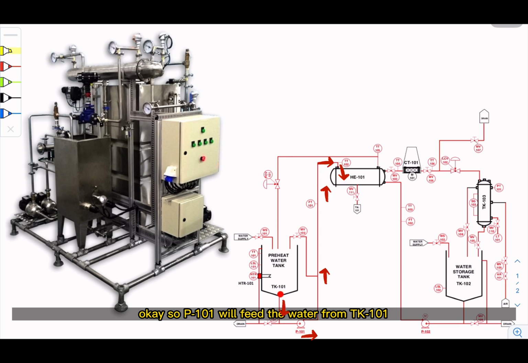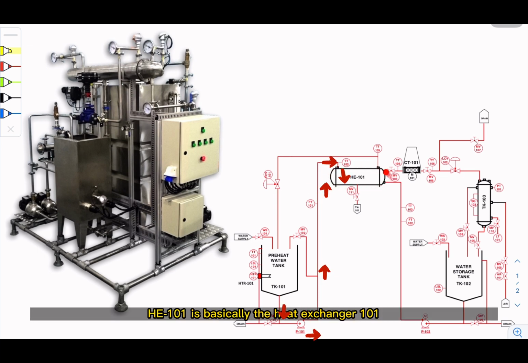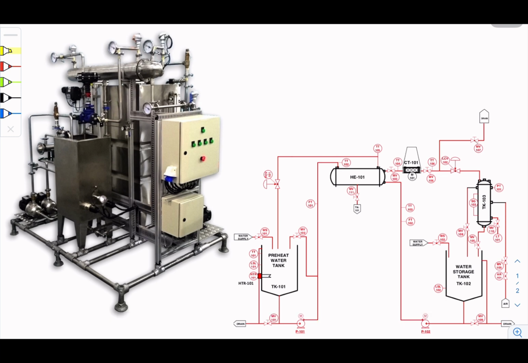So P101 will feed the water from TK101 to HE101. HE101 is basically the heat exchanger 101. This heat exchanger is a shell and tube type heat exchanger.